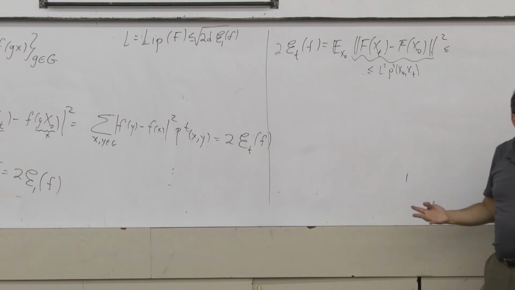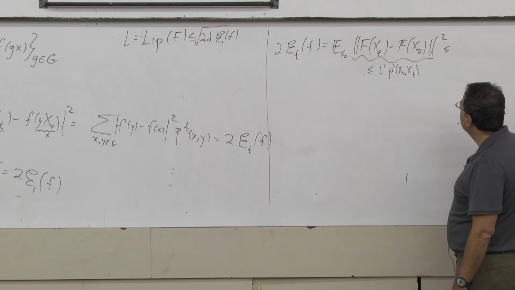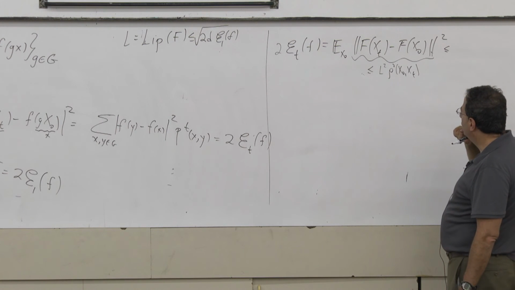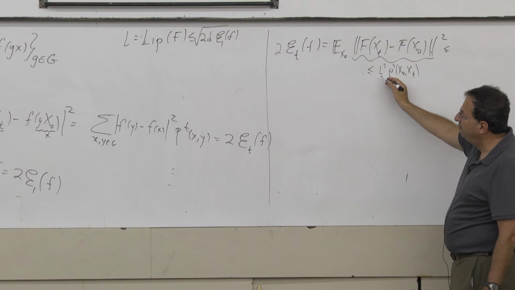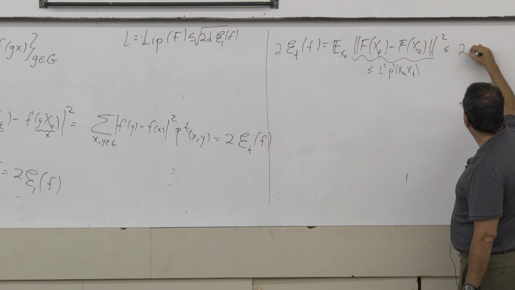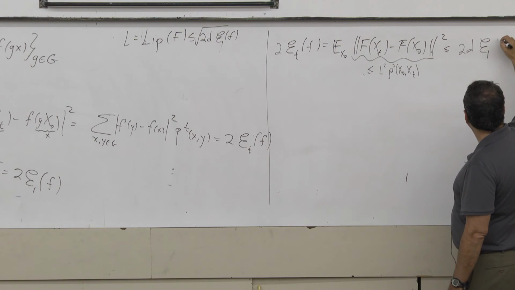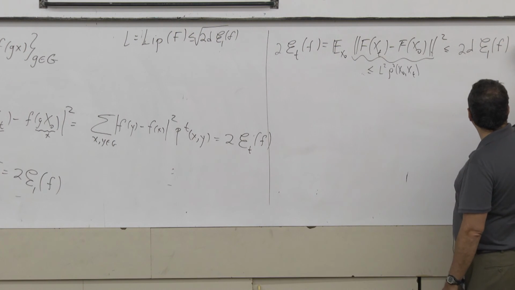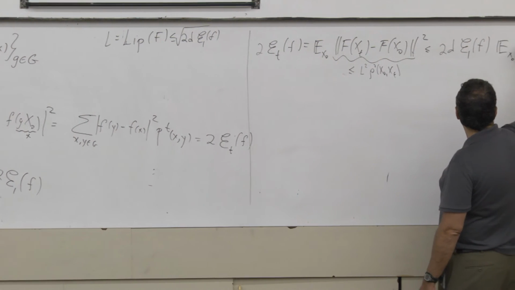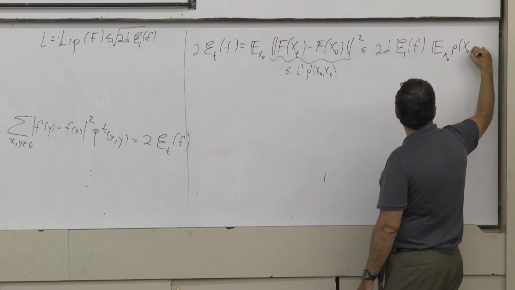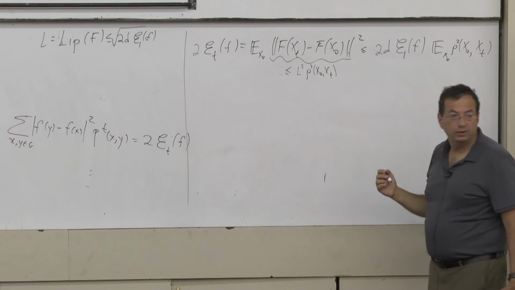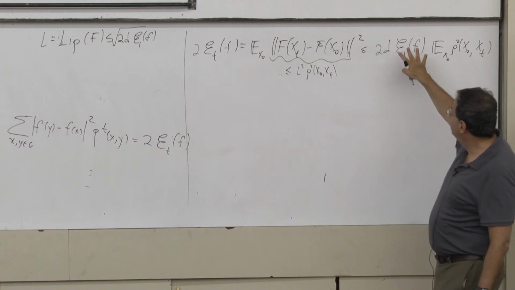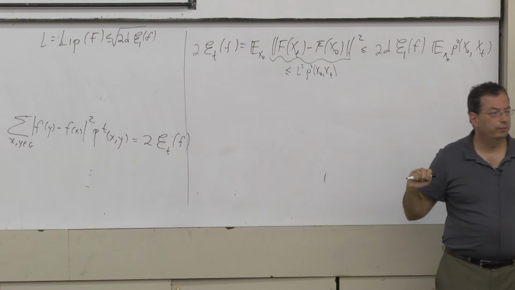Right? That's the definition of the Lipschitz constant. And remembering that L squared is at most 2d E1 of f, we get 2d E1 of f times the expected distance from x0 to xt squared. And we're done. Right? Just move this downstairs, and we have the claim of the lemma.